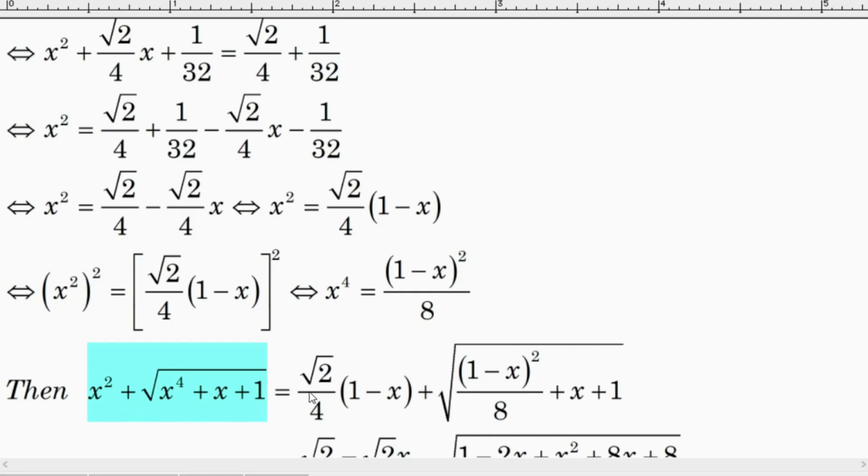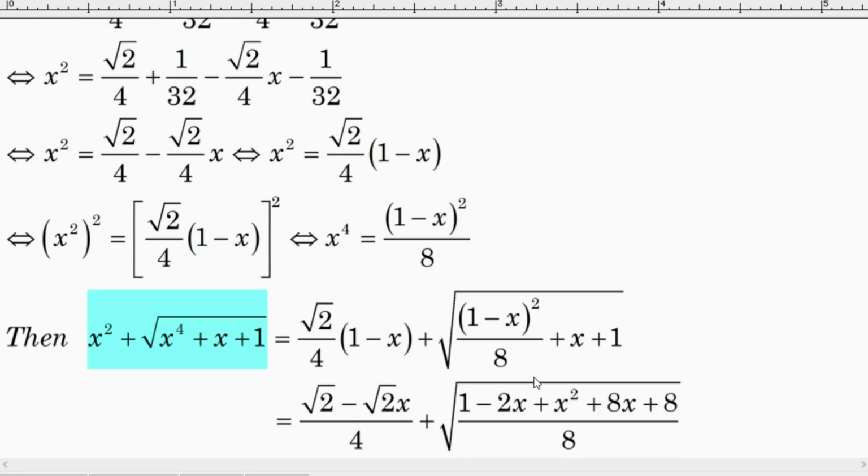So then we got x squared here, which is equal to this, and then plus, so x to the power 4 here, we will substitute this into x to the power 4, then we got like this. Alright, then now I expand this factor, so then we got square root of 2 minus square root of 2x divided by 4, then plus, so I will expand this by using the formula a minus b square.